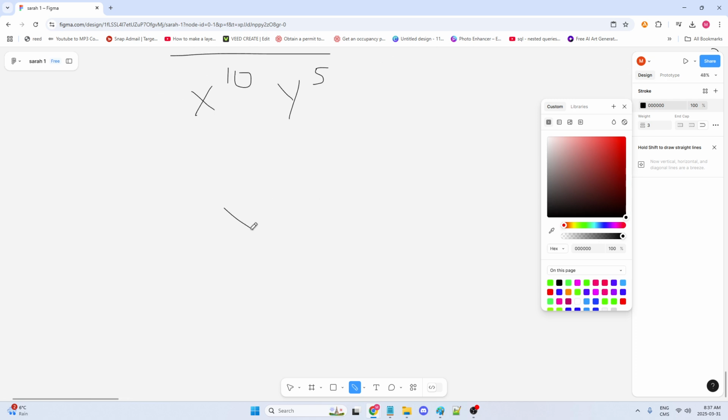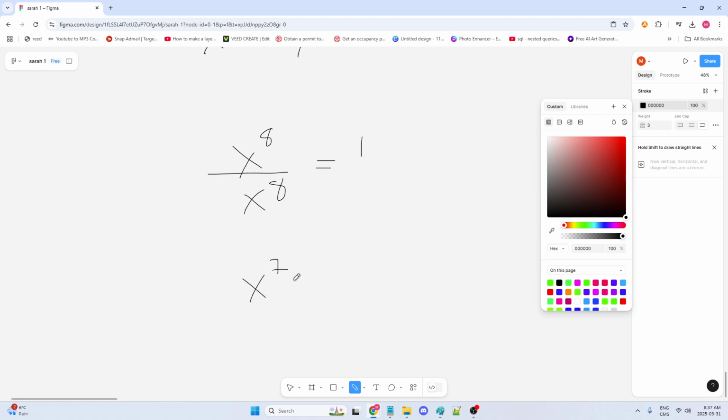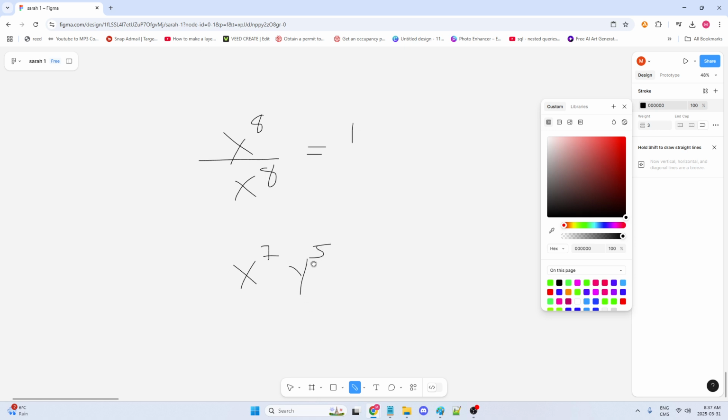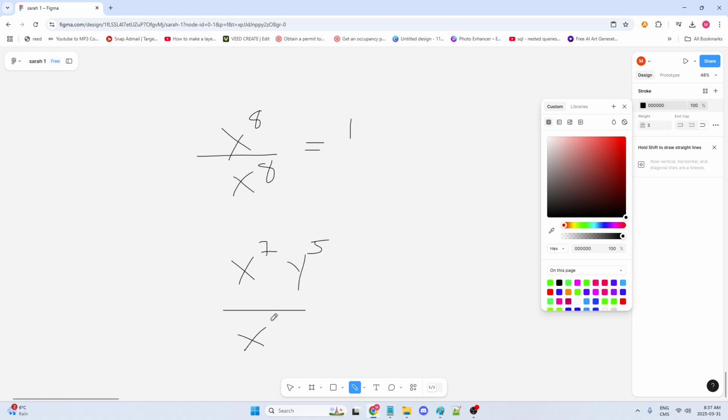Now, special cases. So you have this x to the 8 over x to the 8. So since the top and the bottom are the same, it's equal to 1. So say you have x to the 7, y to the 7 over x to the 7 and y to the 5. No, say x to the 7 and y to the 7 over x to the 7, y to the 7. So top and bottom are the same, it's just equal to 1.